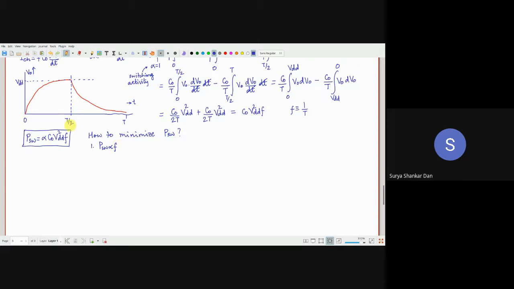Okay, I'll give you a typical example. What is the frequency of your monitor?